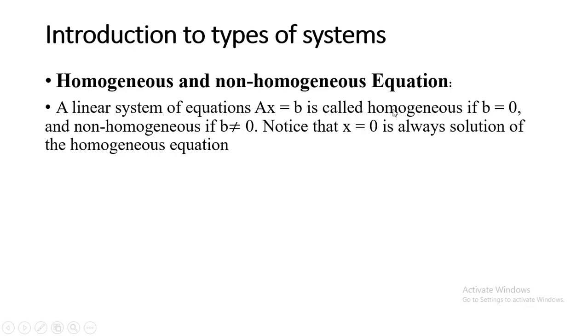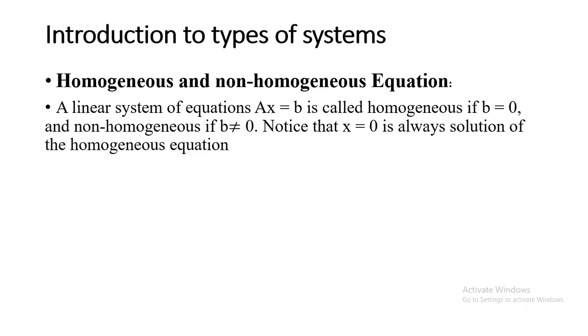Now it says that the system is homogeneous only if b equals 0, and non-homogeneous if b is not equal to 0. b is my constant. If b equals 0, the system will be a homogeneous system, and the solution for the homogeneous system will be 0.